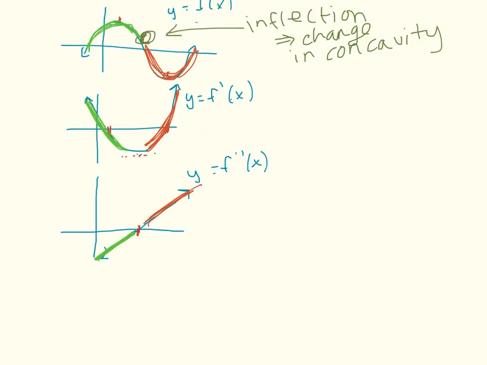So hopefully you noticed that this point, our inflection point, corresponds to the minimum of our first derivative, which, if you notice, corresponds to the 0 of our second derivative.